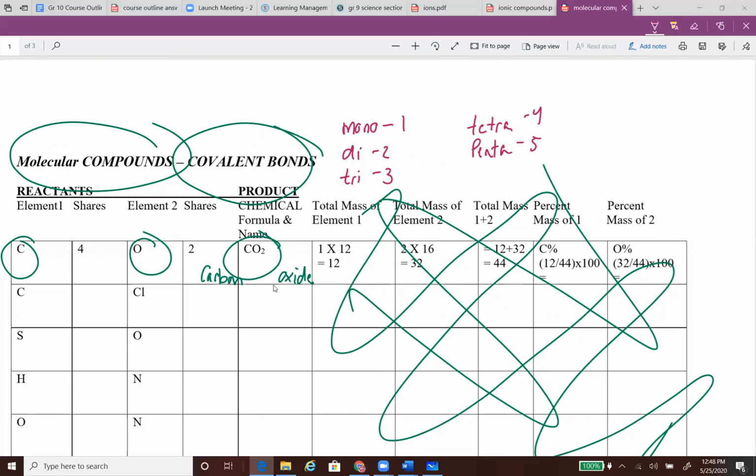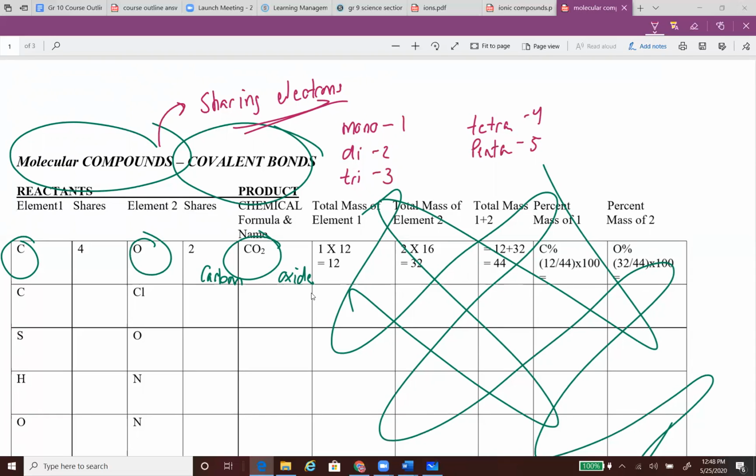So if you see prefixes in your compound's name, then that means it's a molecular compound. This is a compound where the elements are sharing electrons. That's different than what we just did, where one gained electrons and one lost electrons.